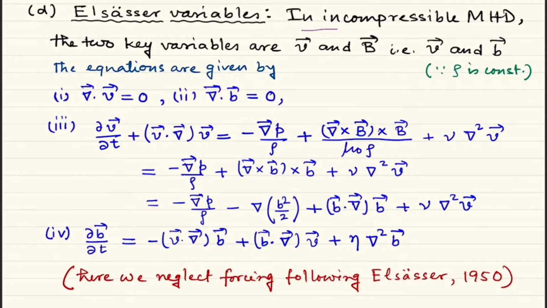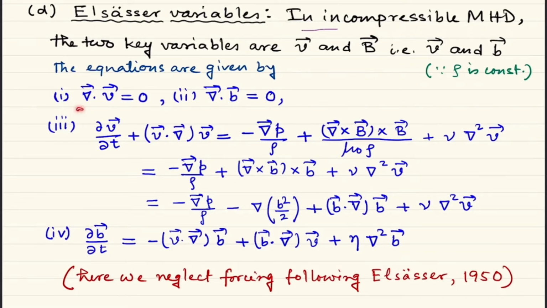So finally, the message is that in order to construct a dynamical theory, we need only V and B.